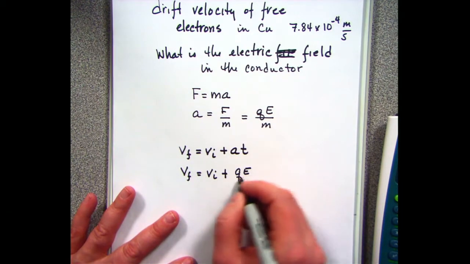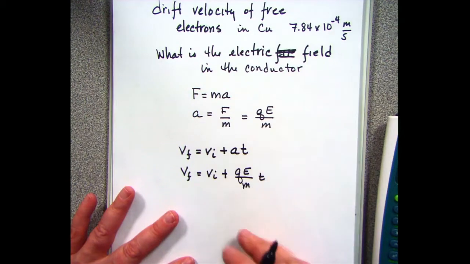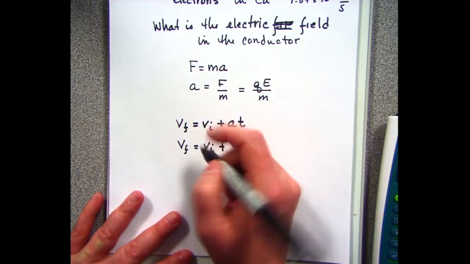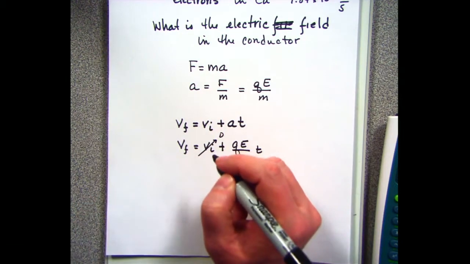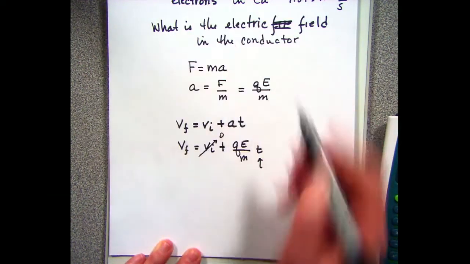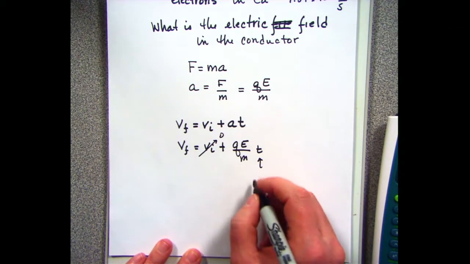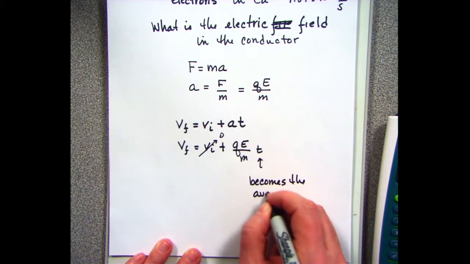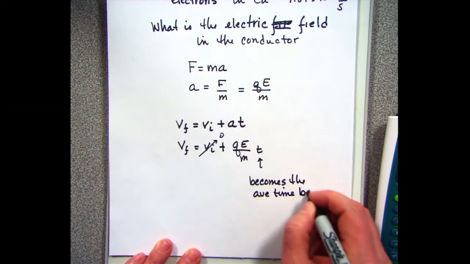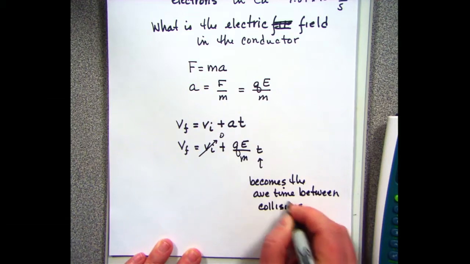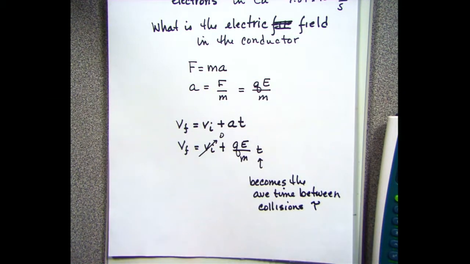And this T, if I'm doing drift velocity, becomes the average time between collisions, and that we use as a little tau. So my average drift velocity is going to equal the charge, the electric field, over the mass, times tau.